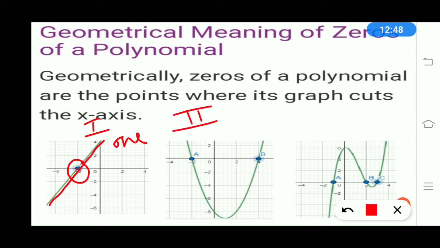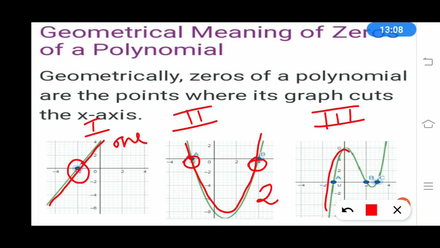For this figure, this graph cuts the x-axis at 2 points, a and b, so the number of zeros is 2. And for this third graph, it cuts the x-axis at 3 points, this is a, this is b, and another is c, so the number of zeros is 3.